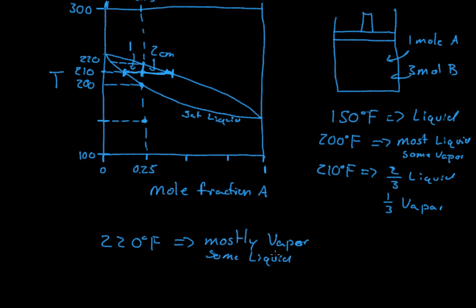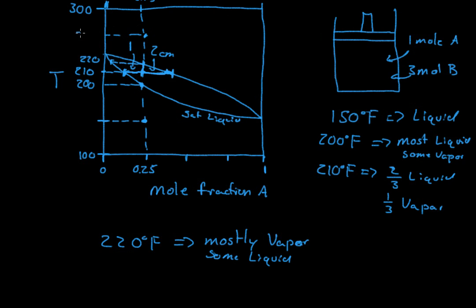If you use the inverse lever rule, you'd measure this distance and this distance, and it'd be basically 0.9999999 vapor and maybe 0.00001% liquid.